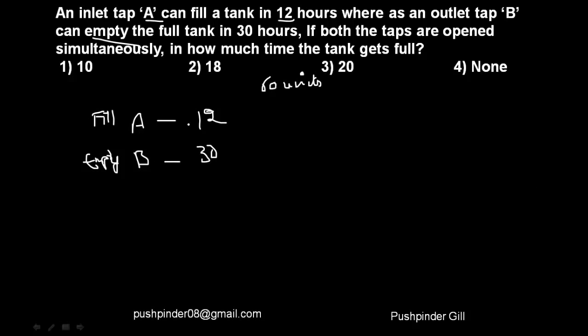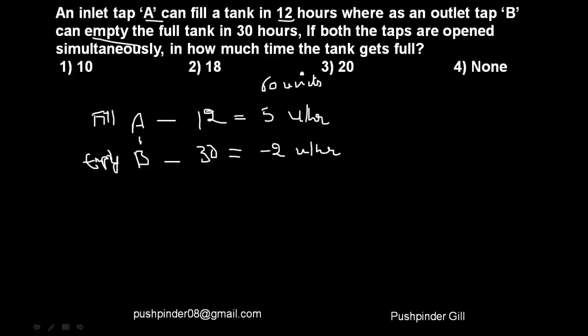Now A over here is able to finish the job in 12 hours. That means he must be finishing 5 units every hour. Similarly, B over here is able to finish the job in 30 hours. That means he must be emptying a negative of 2 units per hour, right? Why am I putting negative here? Because it empties the tank rather than fills the tank.